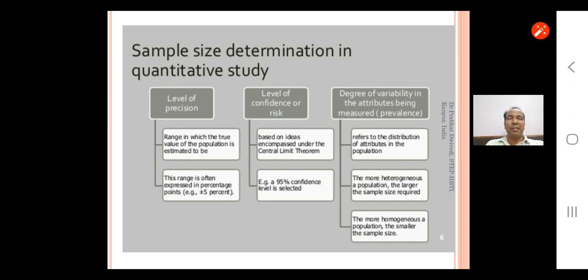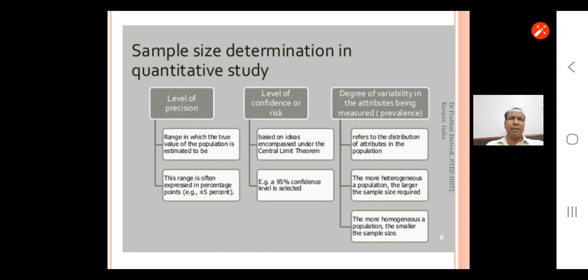For a sample statistic to be lying in the range of parameters, for example, if the range of parameter is 90 to 95%, then how much probability is there of the statistic lying between this range? That is level of confidence or level of risk.